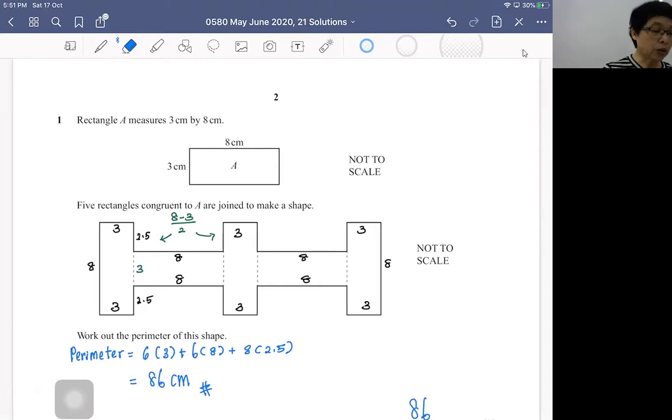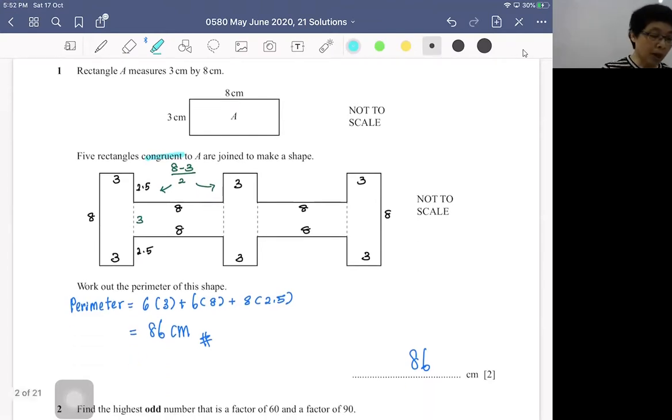Rectangle A measures 3 cm by 8 cm, as given in the diagram. 5 rectangles congruent to A are joined to make a shape. Now, what does congruent mean? It means simply exactly the same. Now we go on: work out the perimeter of this shape.